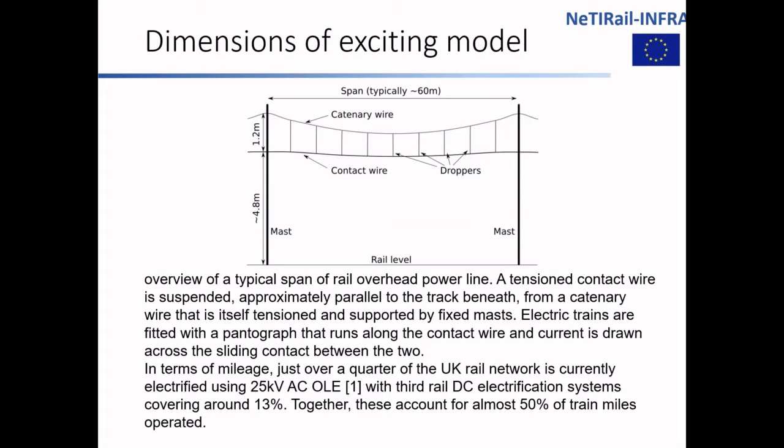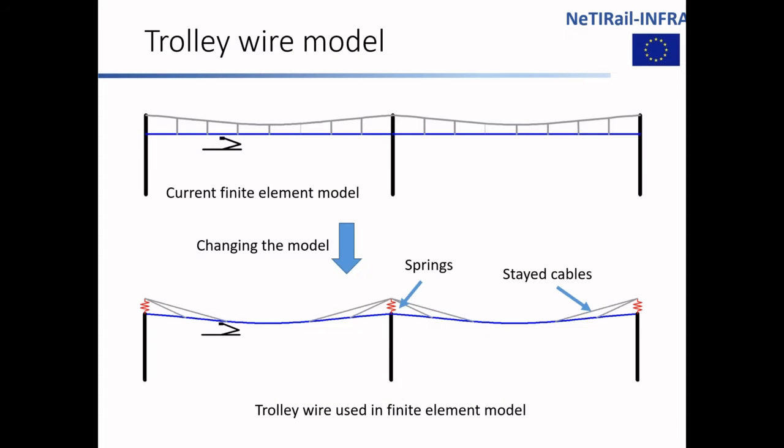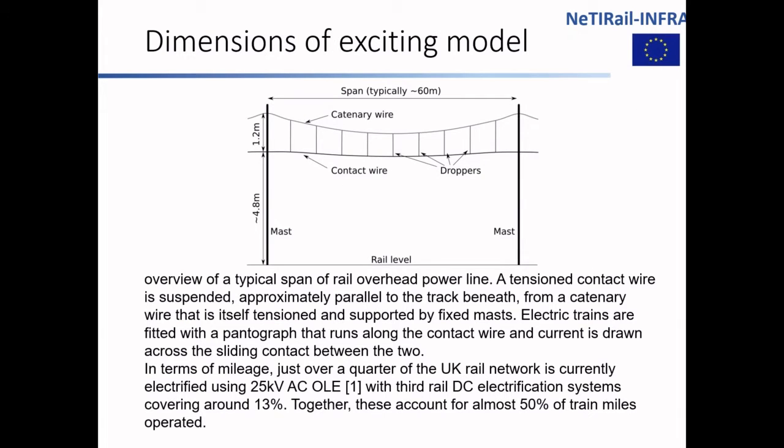So, going back to the modelling work that Rahi carried out at University of Sheffield, we started off by modelling a typical catenary system. We had a previous model that had been developed at University of Sheffield, which had been developed in ANSYS, and it was then converted into an LS-DYNA model.